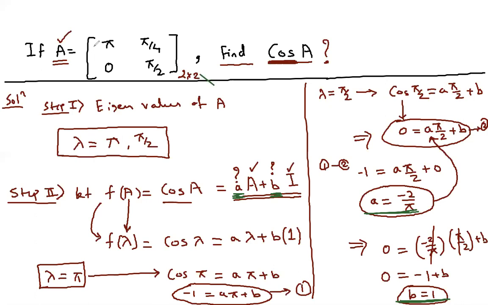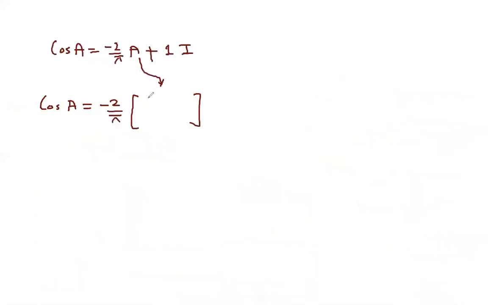Let us see what it is. It is pi by 4, 0, pi by 2. That's the value of A. And then you have the identity matrix I, which is 1 0 0 1.